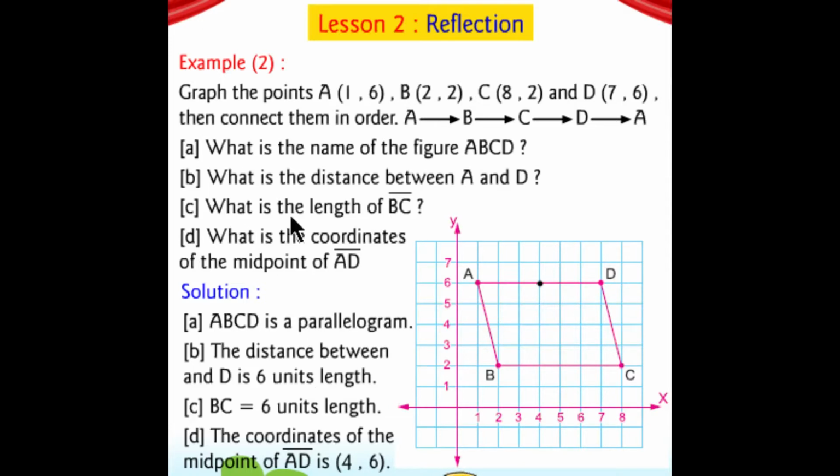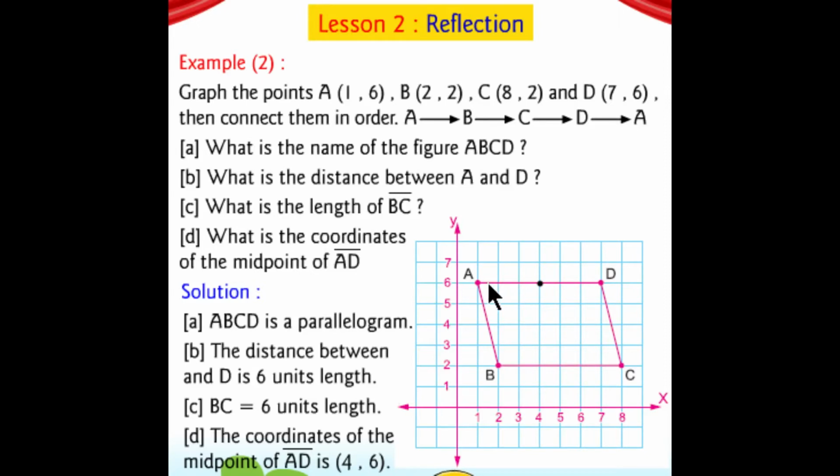C. What is the length of BC? BC equals AD, which equals 6 units, because each two opposite sides are equal in length. AD equals BC and AB equals DC. BC equals 6 units in length. D. What are the coordinates of the midpoint of AD?